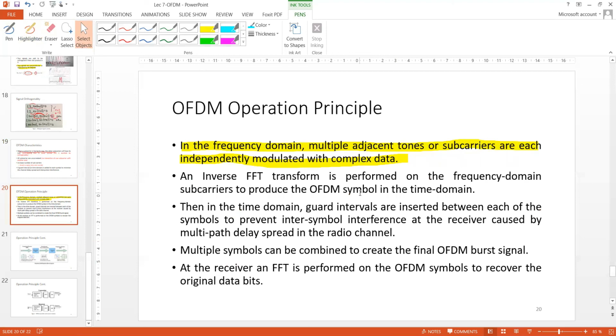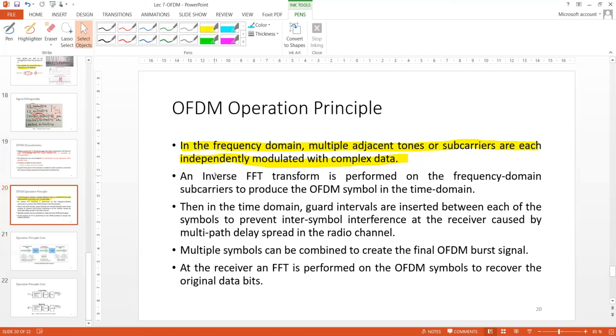In order to introduce guard bands between the subcarriers, first the inverse fast Fourier transform is applied. An inverse fast Fourier transform converts the signal from the frequency domain to the time domain. When the signal is converted into the time domain, guard bands are introduced between adjacent subcarriers.